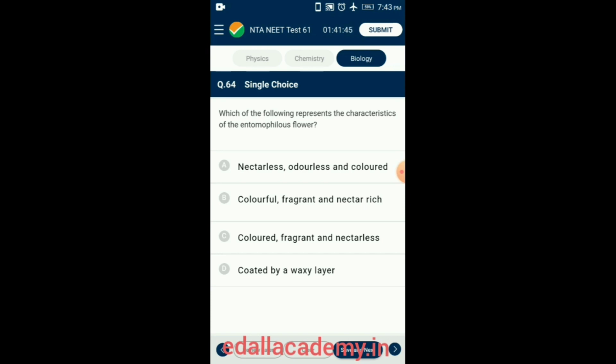The flowers pollinated by butterflies are most often red. Flowers secrete nectar, which makes a positive attraction to insects like bees. The pollens of insect-pollinated flowers are sticky and spiny. So the answer for this question is option B, colorful, fragrant and nectar rich.